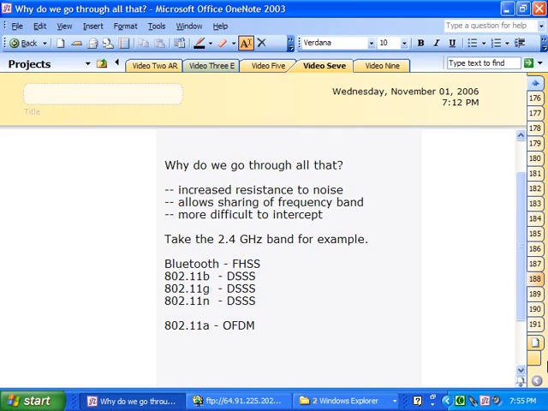So through the use of spread spectrum, with Bluetooth using FHSS and the other three, B, G, and N, all using DSSS, by sharing the frequency, they can use it at the same time. There's a sharing of that frequency band, where if we didn't have that, we'd have a real mess. We'd have four different technologies, four different standards, all trying to use the band at the same time. And as I mentioned here, the one standard I didn't mention is 11A. That's the one that uses OFDM.